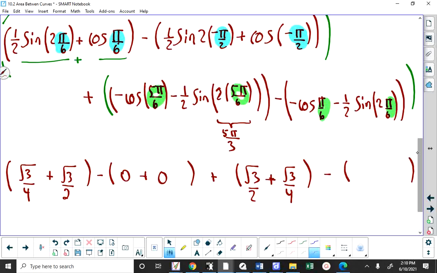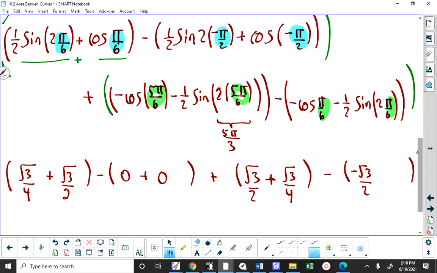Negative cos of pi over 6. How can you not know that? Cos of pi over 6 is root 3 over 2. Negative root 3 over 2. Because it's negative cos. I suppose we could have moved those negatives in. This is pi over 3. Sine of pi over 3 is root 3 over 2.